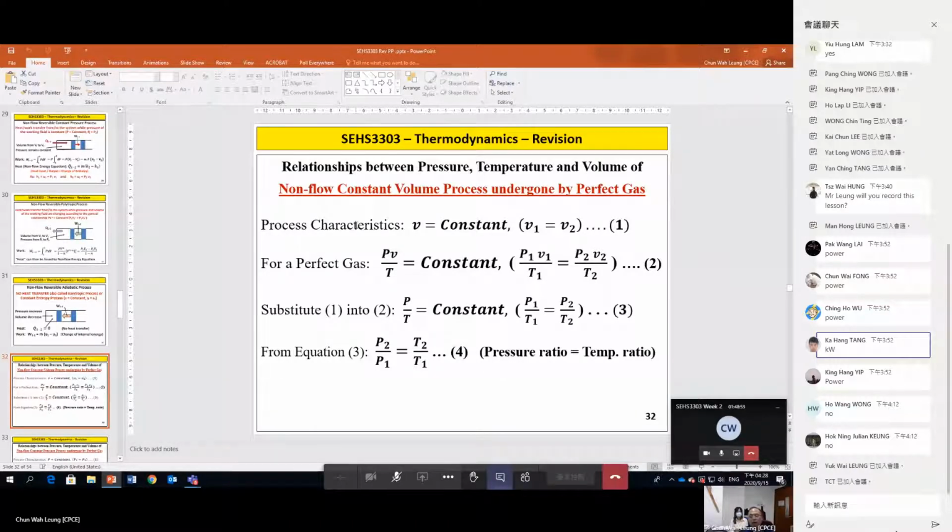Everything solved. Second kind: we put a working fluid inside a cylinder trapped by a piston. But this piston is allowed to move.